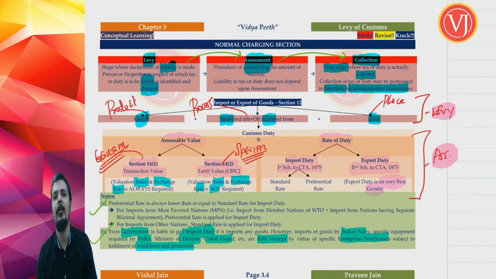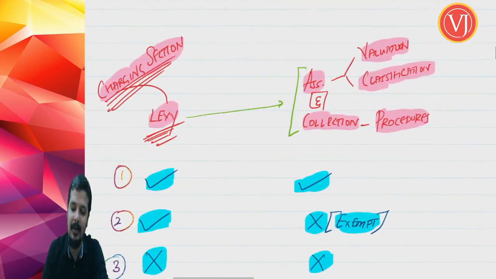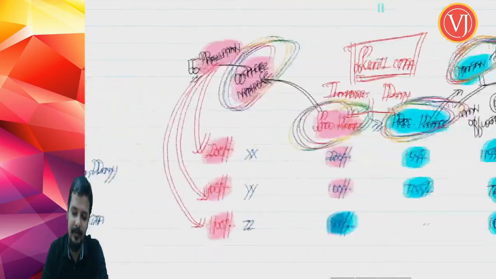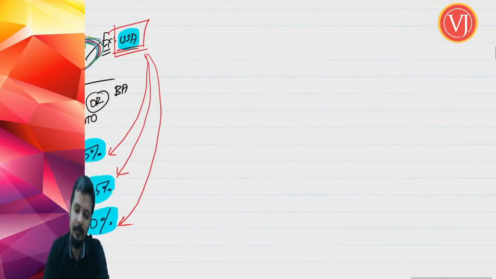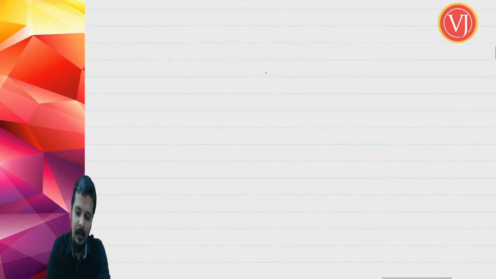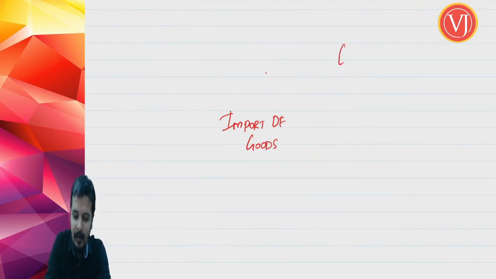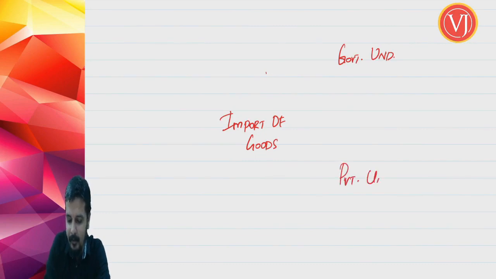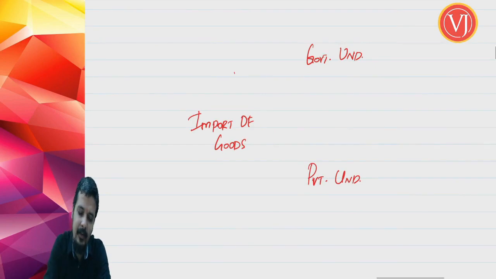Friends, what are we trying to understand? Levy is there even if import is by government. Even if import of goods is by government, levy is there. So whether the import of goods is by a private undertaking or by a government undertaking, levy is there. Be very clear with this point.